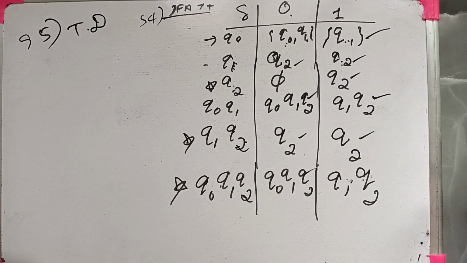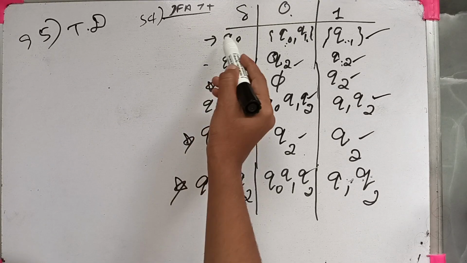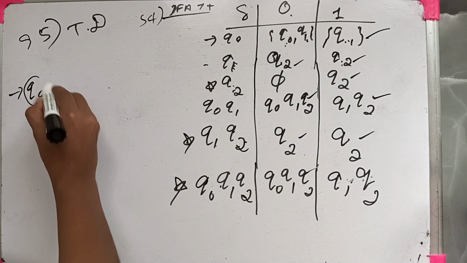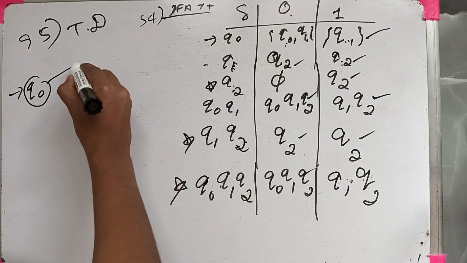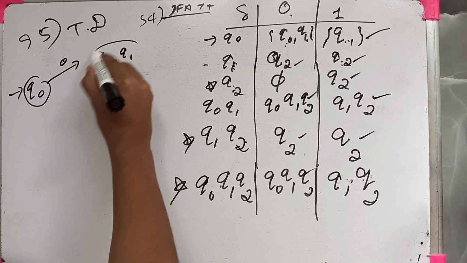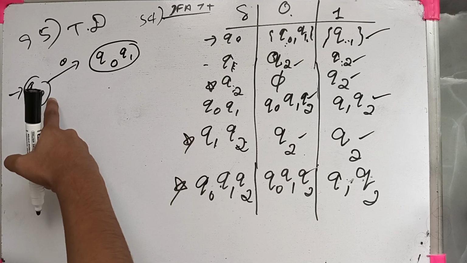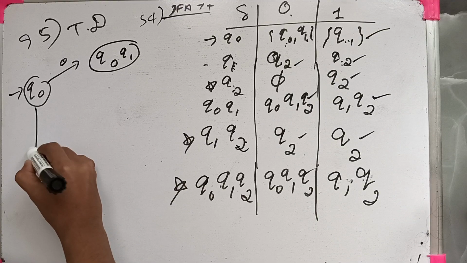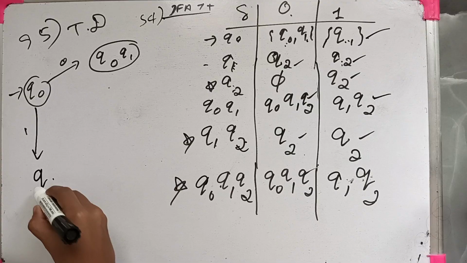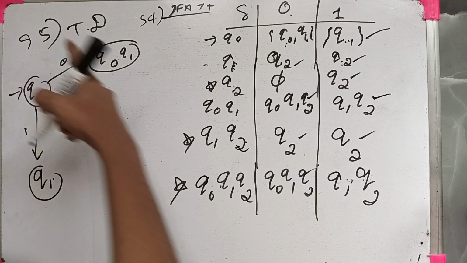Okay, then for this we need to write the diagram, and that is step 5, the transition diagram. First write the starting state, that is Q0. Okay, if 0 comes it goes to Q0, Q1. Okay, for the 1 case it goes to Q1. This state is done.